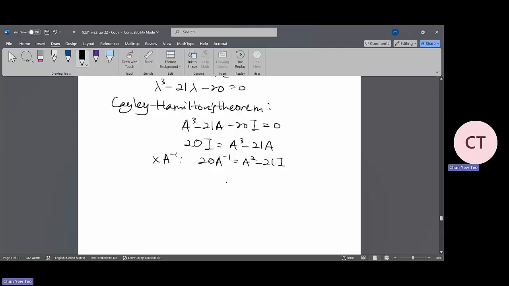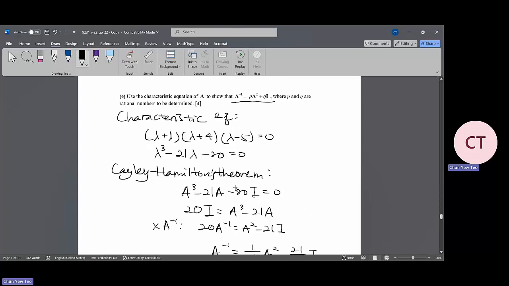So your A inverse will be 1 over 20 A squared minus 21 over 20 I. So therefore, your p is 1 over 20 and your q is negative 21 over 20. So this will be the answer for question number 7. Done.